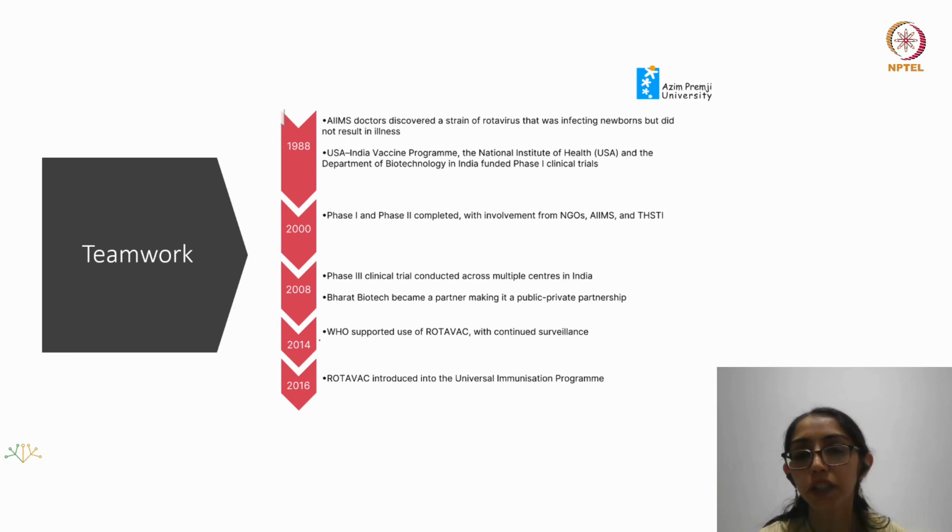They thought that this particular strain might be useful to help develop a vaccine. Over the next 10 to 12 years, there was a global collaboration with the USA India vaccine program, together with DBT, the Department of Biotechnology, and the National Institutes of Health in the USA.